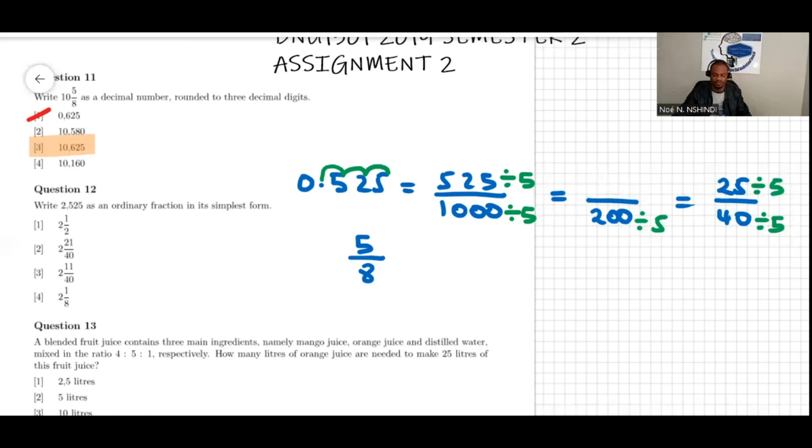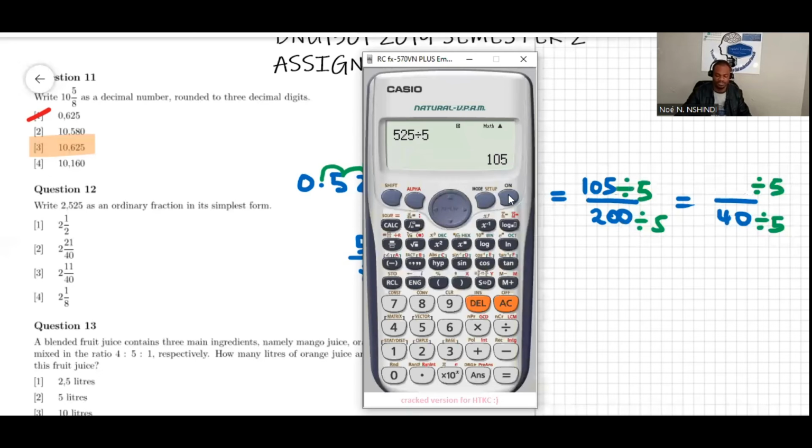So 105 divided by 5, let's check, it's 21.